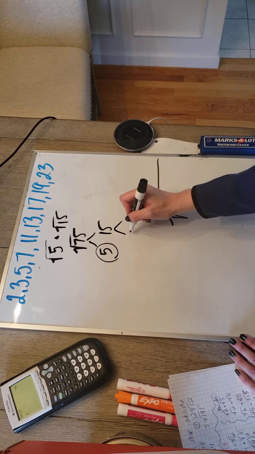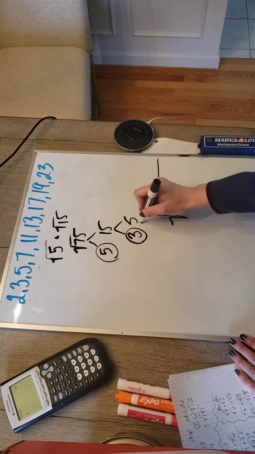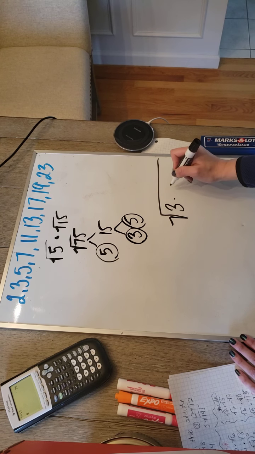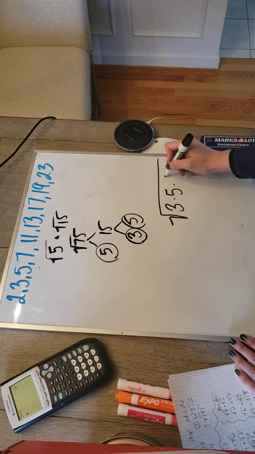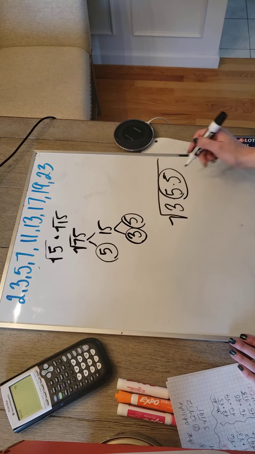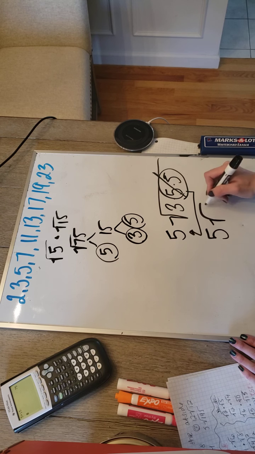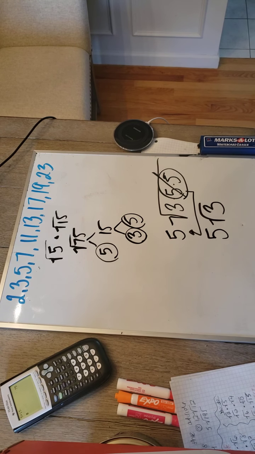What times what is 15? 3 times 5, which are both prime. Write from small to big. Circle your pairs, which have to be the same number. Cross it off. 1 comes out, so you're left with 5 root 3.